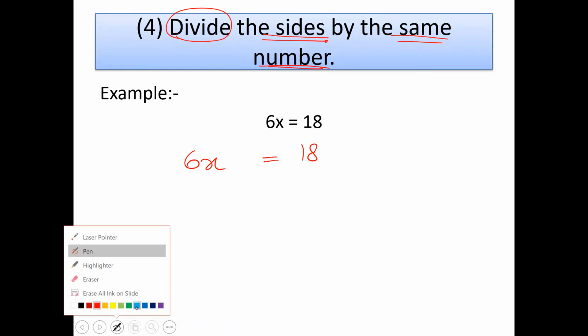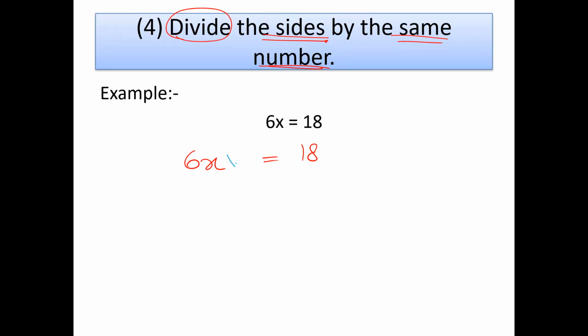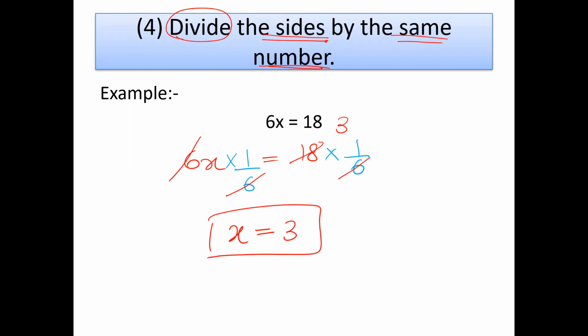So we'll divide the equation by 6 on both sides. So what do we get? 6 divided by 6 cancels. That means x is equals to 3.